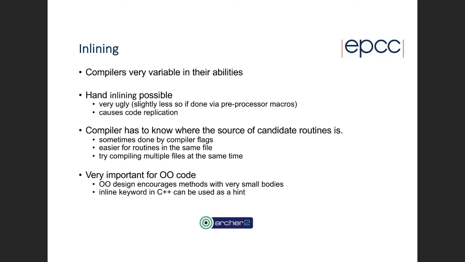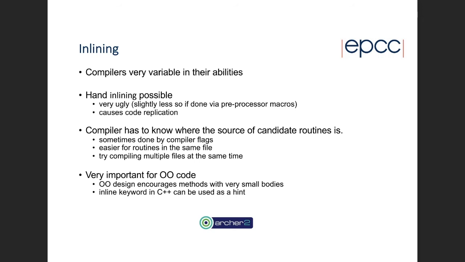It's particularly important for object-oriented code, okay, because object-oriented design encourages you to write methods with very small bodies. You know, for example, getter and setter methods. The body of those does nothing except just return a value effectively from inside an object. So you can end up with very high function call overheads from OO code if the compiler doesn't do a good job.